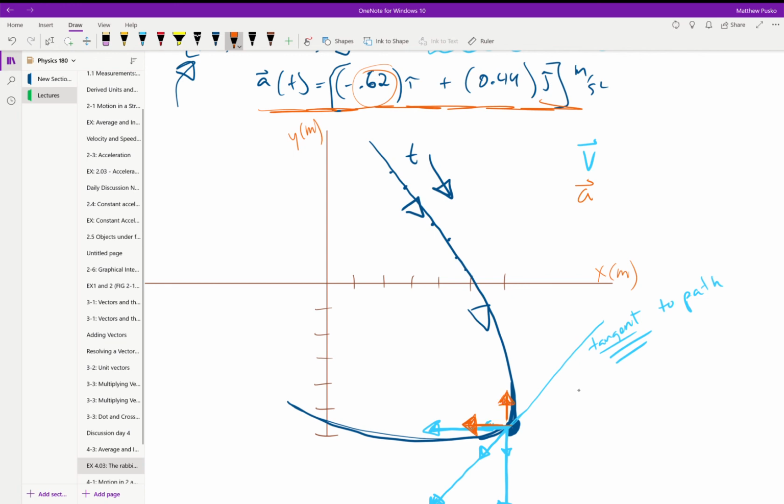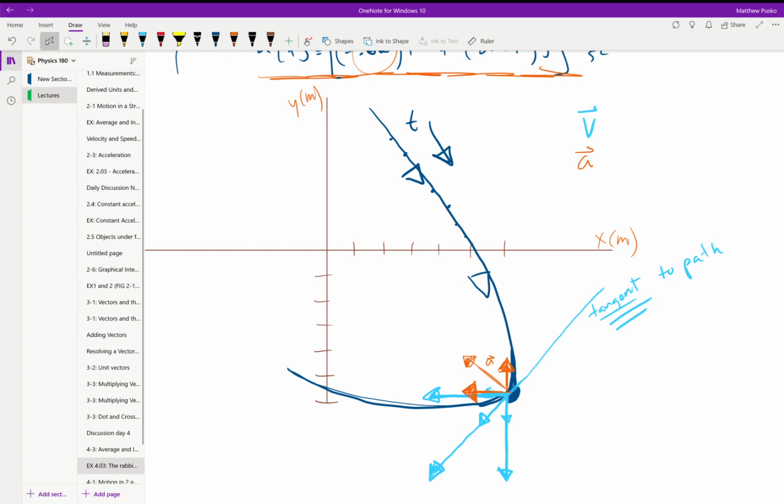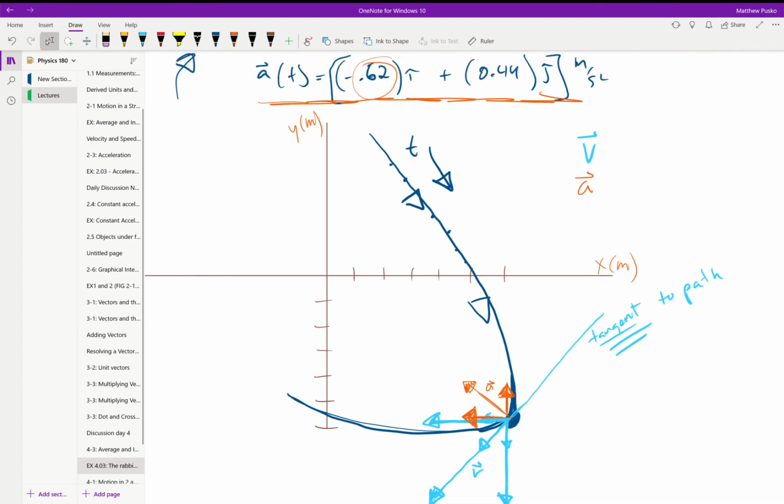It's pretty close to scale. And if we added those two vectors together, we would get our acceleration vector. So it's our acceleration, and this is our velocity. Makes perfect sense, actually. So graphing is a very powerful tool.